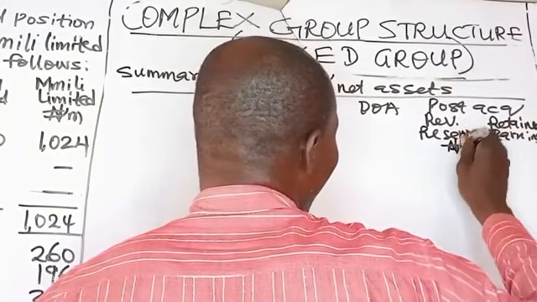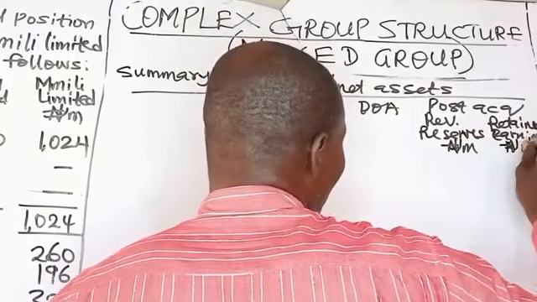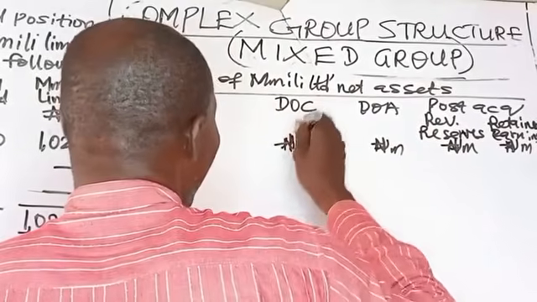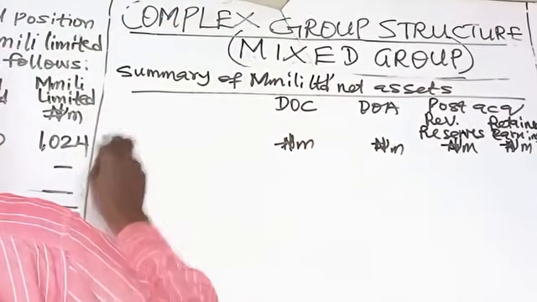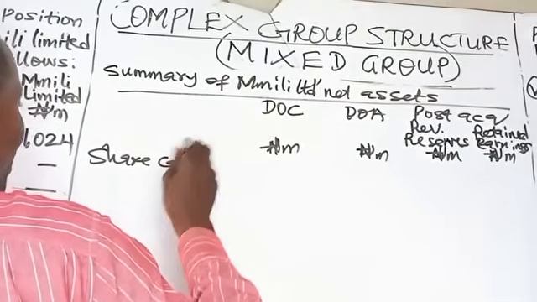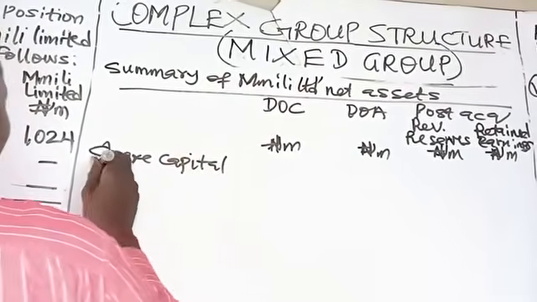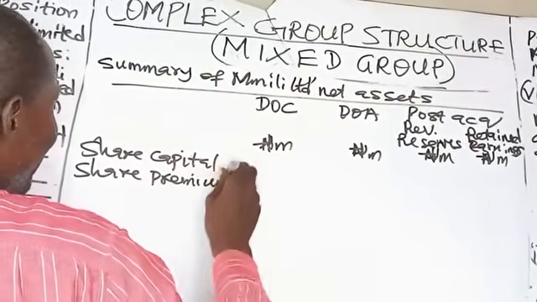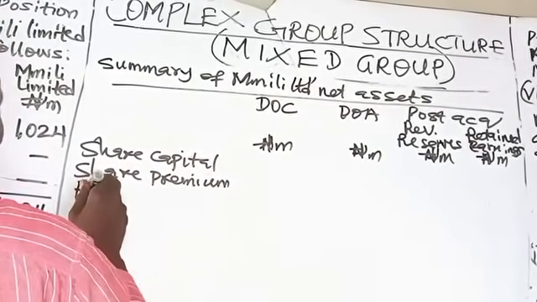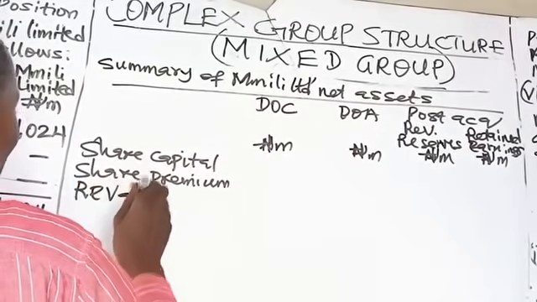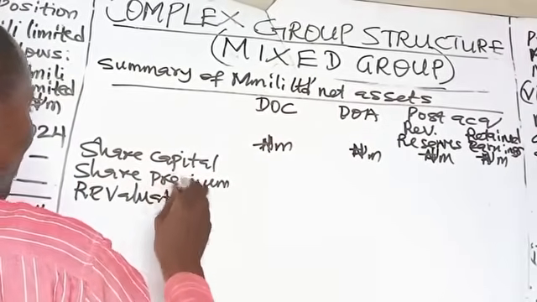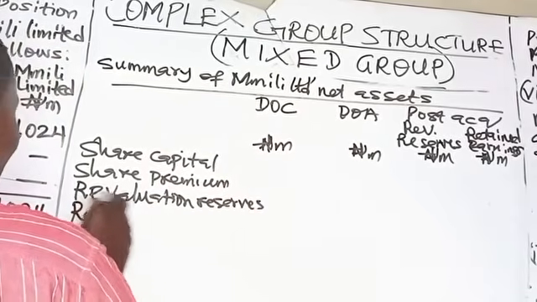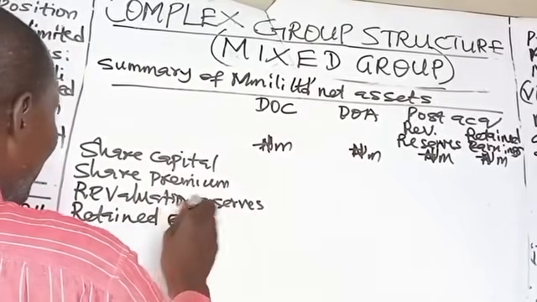Amount in million. So we have share capital, share premium. We have retained earnings. We have revaluation reserves. We also have retained earnings.